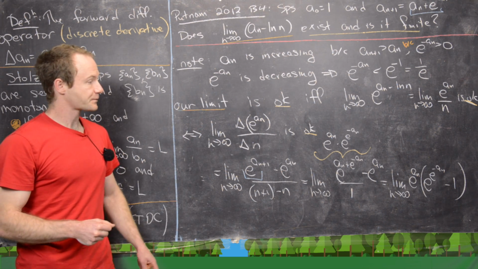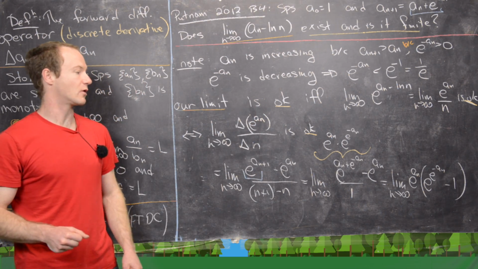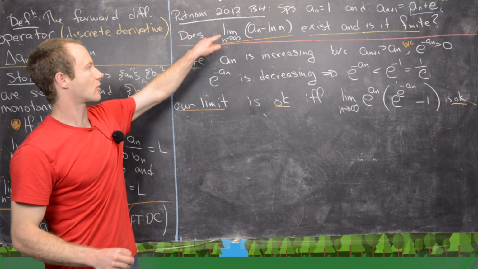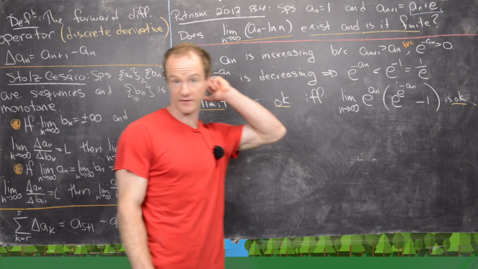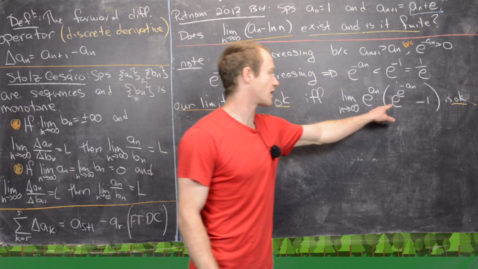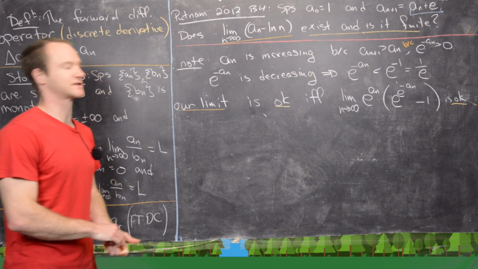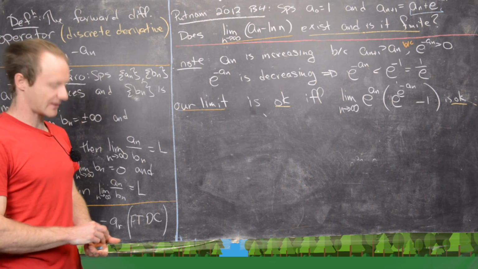All right, great. So the next thing I want to do is move this up, and we will continue calculating this limit. So we just argued that our original limit is okay if and only if this limit as n goes to infinity of e to the a_n times the quantity e to the minus a_n minus 1 is also okay.